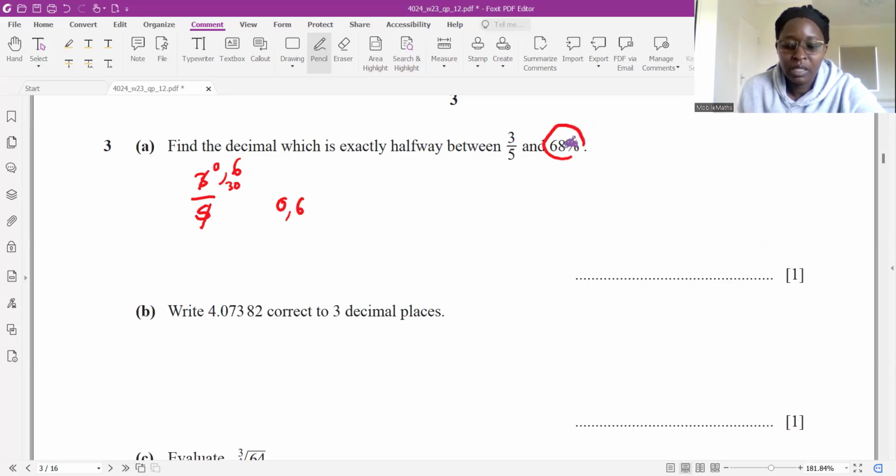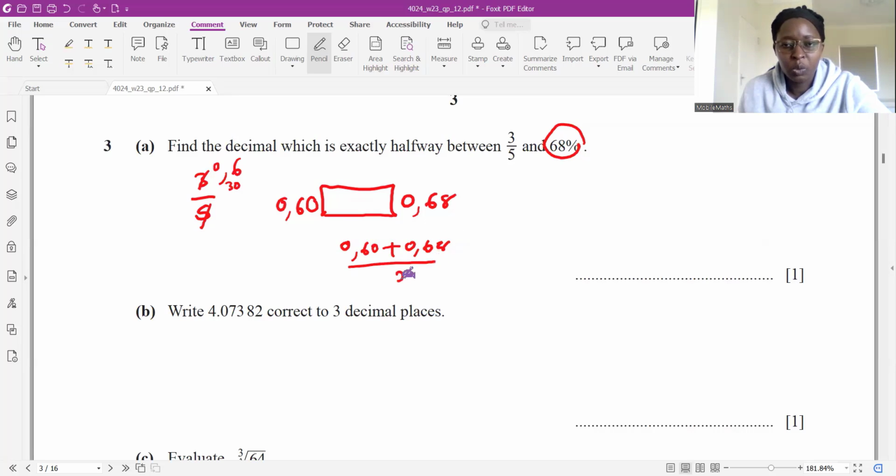Then 68% is 0.68. We want a decimal which is exactly halfway, so we add the two and divide by 2: 0.60 plus 0.68 divided by 2. You find you are going to get 0.64 as your answer.